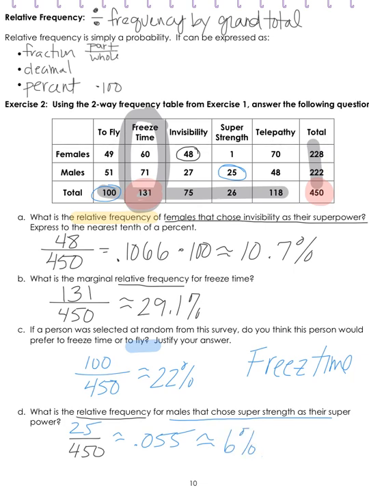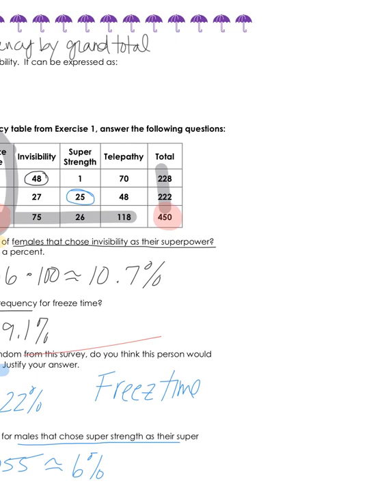Okay, I want to say something about all of these questions. All of these questions we're talking about relative frequency. That's why we were putting them over the total. If it didn't say the word relative frequency, it doesn't necessarily have to be over the total. Okay, you could be asked, and I think there's one like this on the homework, what's the percent?